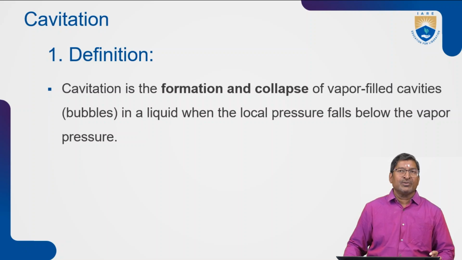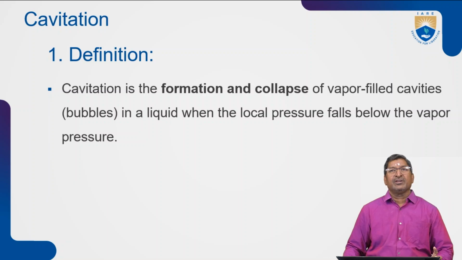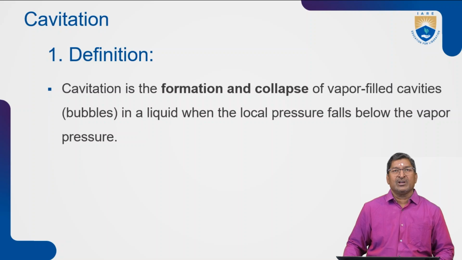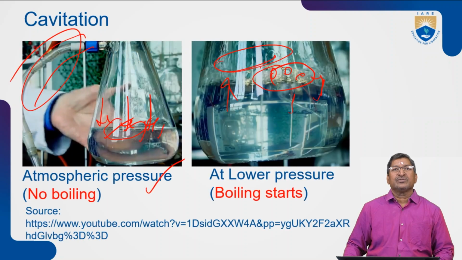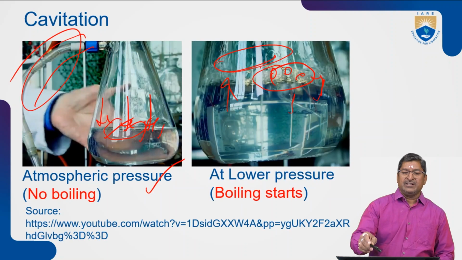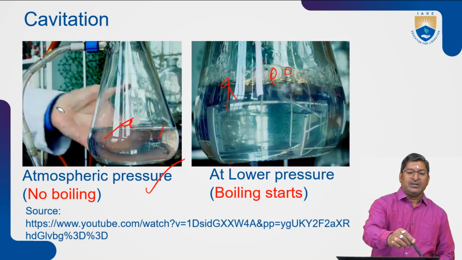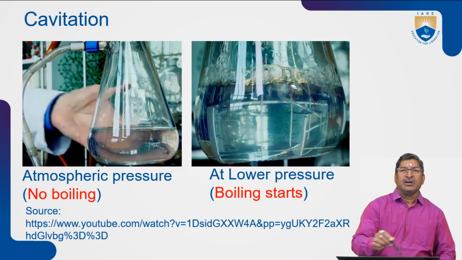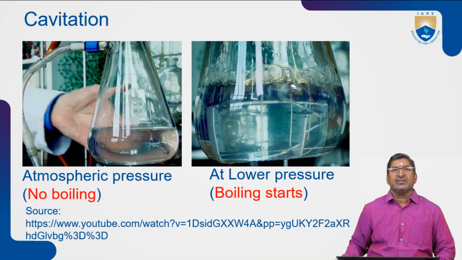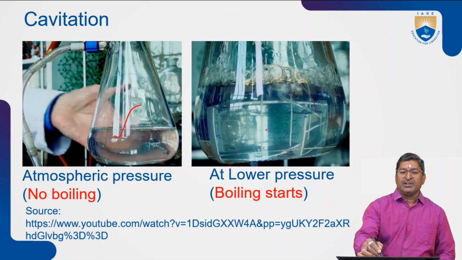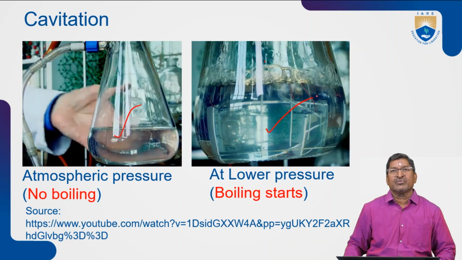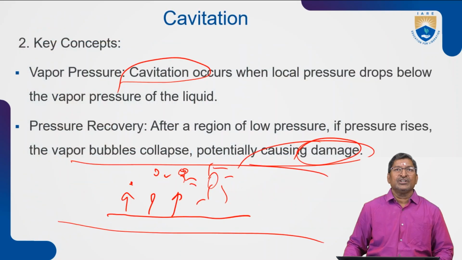Whenever the local pressure falls, bubbles will be formed. Whenever the local pressure is increased, the bubbles will collapse. This is the experiment you can see. Before dropping, the pressure was as in the first figure. After lowering the pressure, bubbles are formed at lower pressure without raising the temperature, at constant temperature.